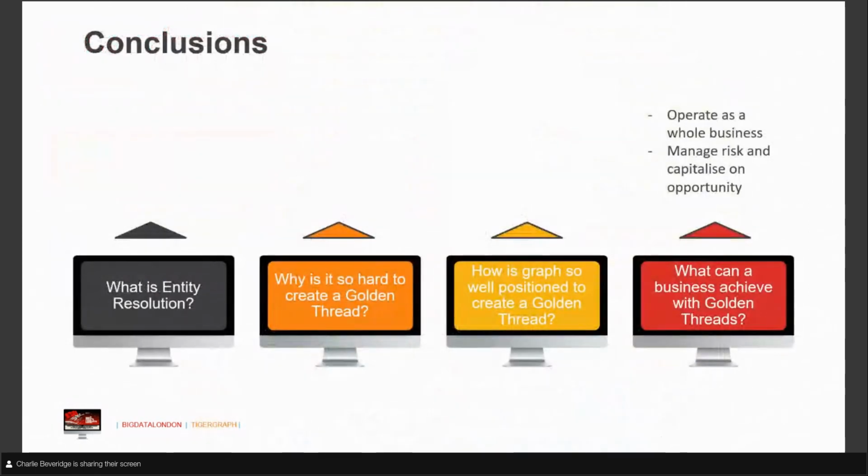So let's recap. A business needs to operate as a whole business and not just a set of functions to create the maximum value for itself, or effectively to turn risks into opportunities. In order to operate for the business, as opposed to in a silo, each function must be empowered to see things holistically.